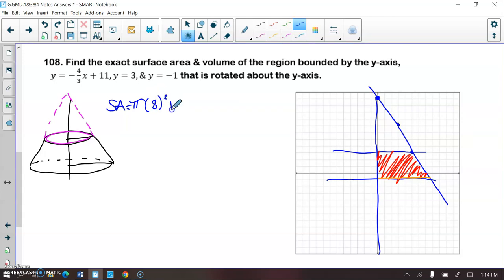And then plus pi times my radius of 8 times my slant height, which I'm actually going to need to find right now. So 8 is my radius of my large cone. My small cone has a radius of 1, 2, 3, 4, 5. And then the height between the two is 1, 2, 3, 4. And the height of the whole thing is 5, 6, 7, 8, 9, 10, 11, 12.